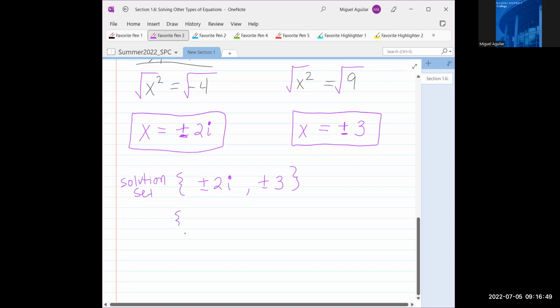But if for whatever reason you needed to see it all written out in expanded form, then your 4 solutions are 2i, comma, -2i, comma, 3, and -3. And it doesn't matter what order you put these in. Okay, these 2 things mean the same, but we have 4 solutions since we were dealing with a Quartic equation.